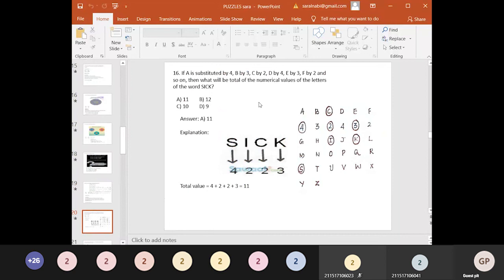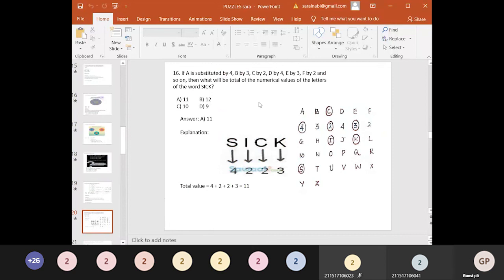First, what we have to do with the alphabet is write the numbers correspondingly, the given numbers. A, B, C, D, E, F, and so on. The number order is 432, 432. That means it repeats as 432, 432 again and again for every three letters. According to that, we can find out the value of SICK. S stands for the number 4, and I stands for the number 2.